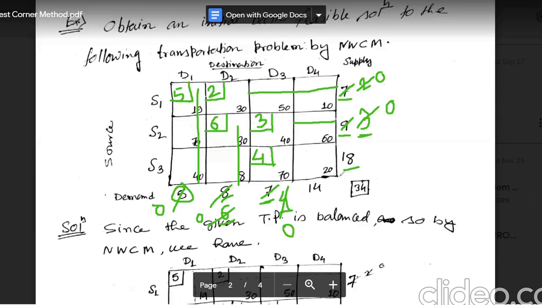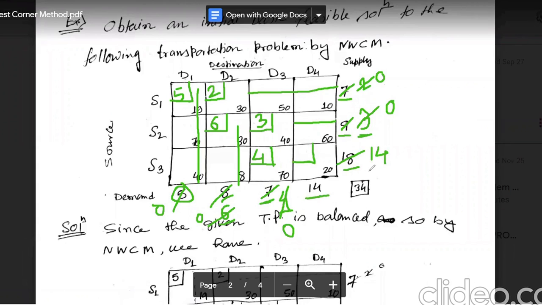So how much is left here? It is 14, because out of 18, 4 units have been supplied to destination D3. So 14 units left. And if you move to this cell, destination D4 has a total demand of how much? 14 units.